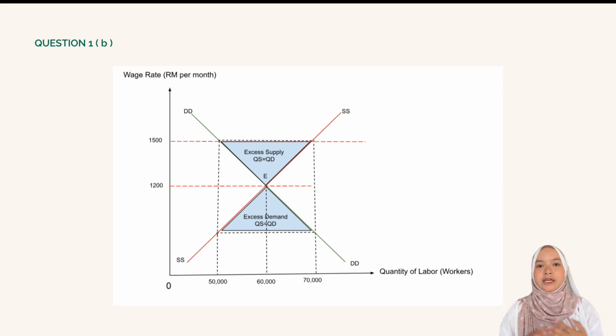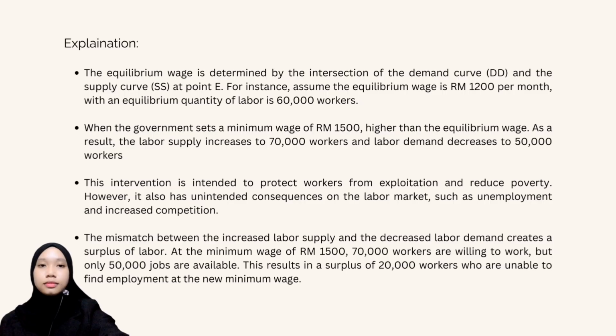For example, if the equilibrium wage is RM1,200 per month, with 60,000 workers employed, setting a minimum wage above this level, say at RM1,500, can attract more workers to the market. This leads to an increase in labor supply as more people are interested by the higher pay, resulting in unintended concerns on the labor market.